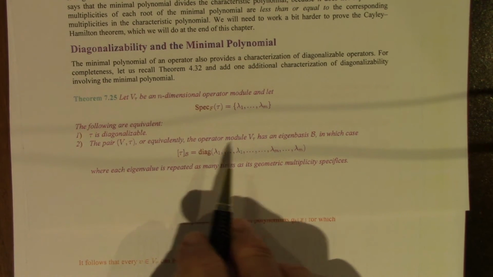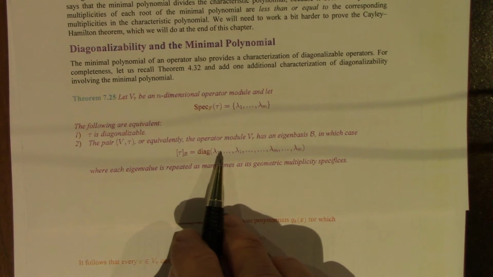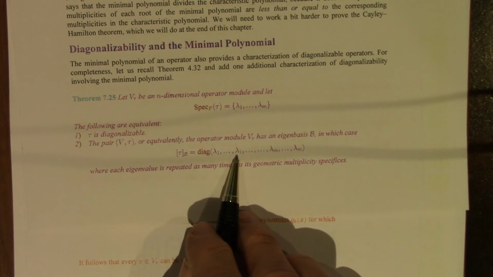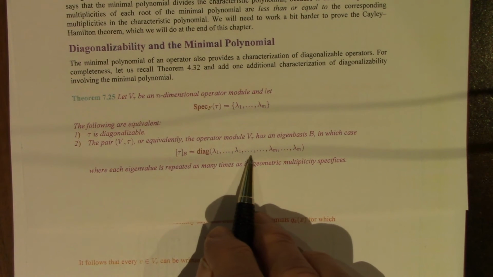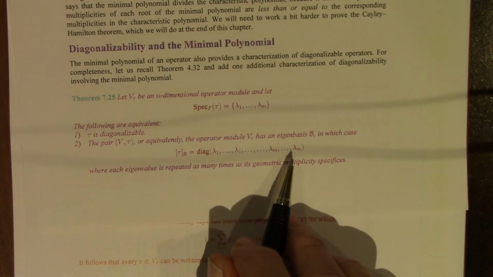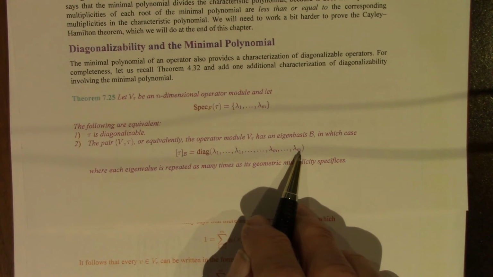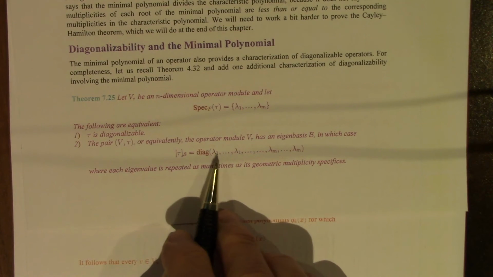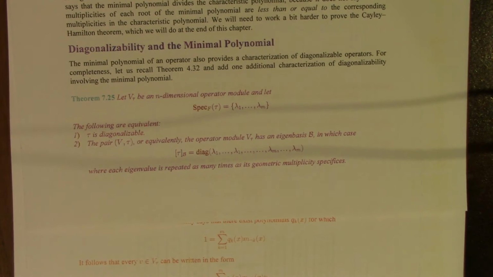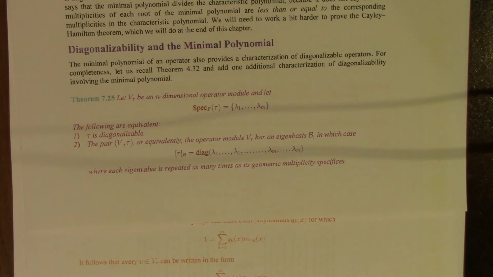So this is a matrix that is diagonal. We'll have some copies of lambda 1 followed by some copies of lambda 2 and so on the main diagonal. In fact, each eigenvalue is repeated as many times as its geometric multiplicity specifies.